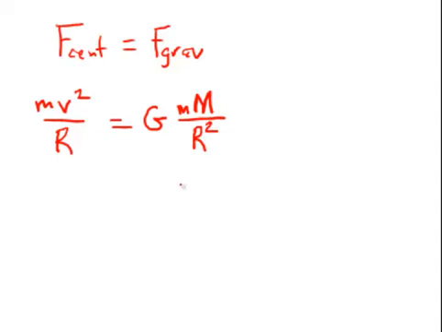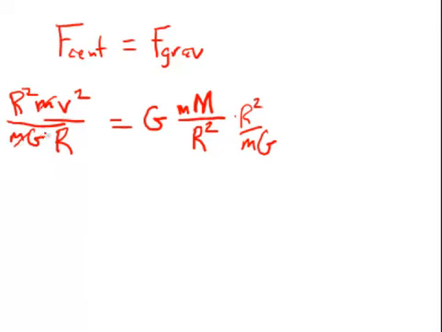Our goal in this problem is to figure out what this mass is equal to. And so to do that, perhaps I will multiply both sides by r squared and divide both sides by little m and capital G. And so over here, multiplying by r squared and dividing by little m and capital G, we see that the m's cancel out.